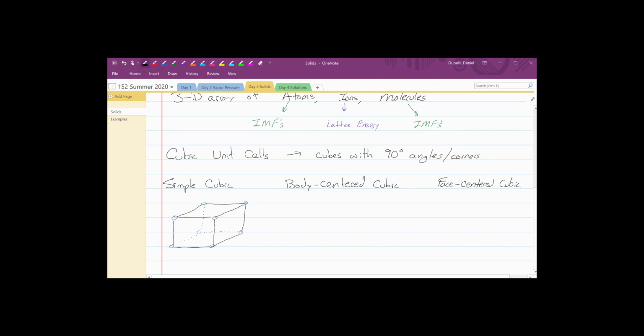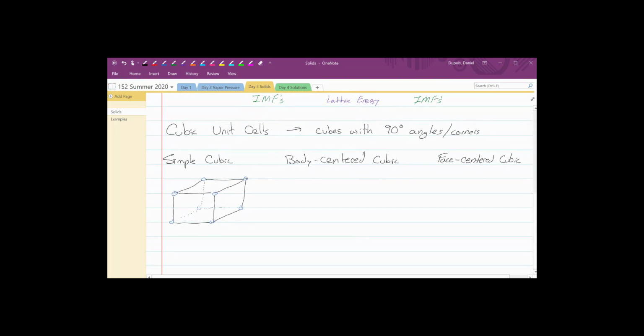So you have atoms in each of the corners of the cube. All right, and that's it. Now, really what would happen, these are more nuclei. So think of these blue circles as a nucleus. And the atoms would actually touch.